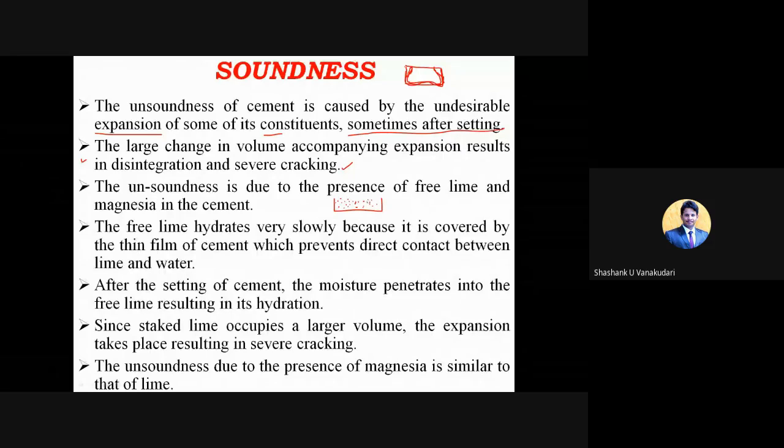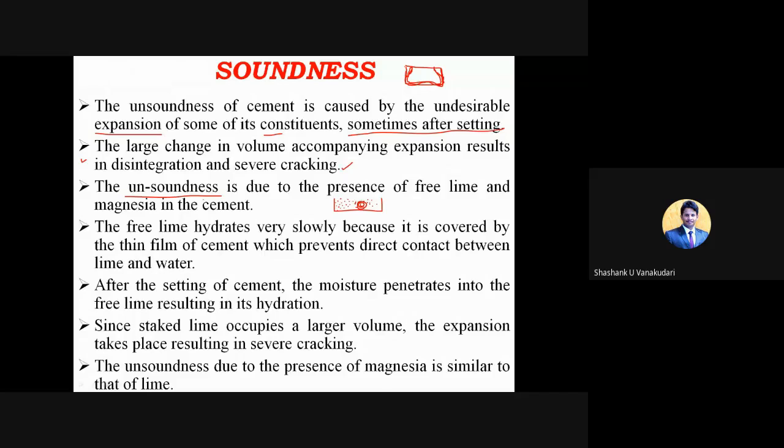Among these you can get some particles which are called free lime, purely rich in lime content, but not properly mixed or ground with the other clinker particles. That expansion or unsoundness is caused by this free lime.